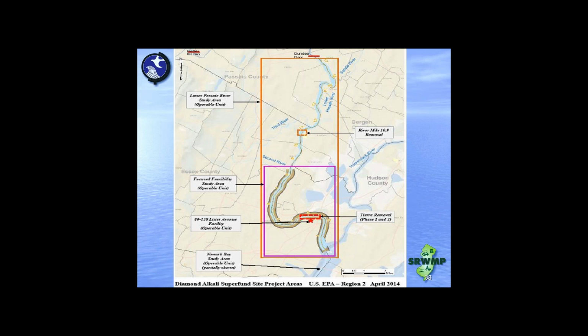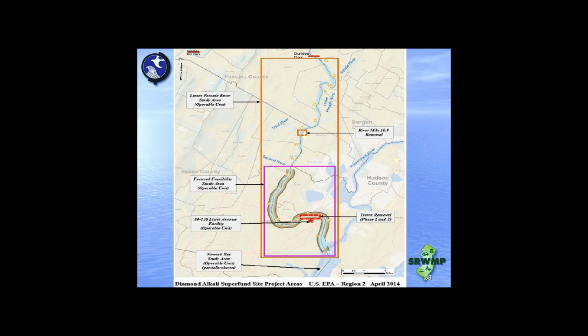I wanted to provide an illustration of this fact. I'm involved in a lot of the large waterway projects in the state impacted by dioxin contamination, and this is an example of the lower Passaic River. I wanted to point out that this is a CERCLA investigation. As part of a CERCLA investigation, there are at least 4 operable units associated with this project.